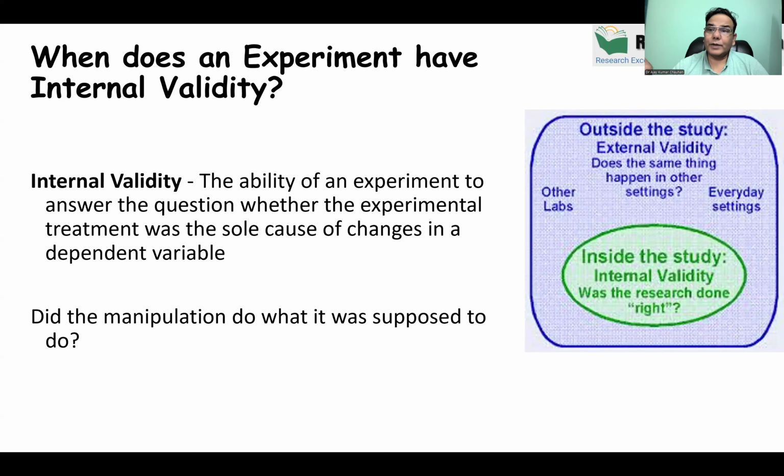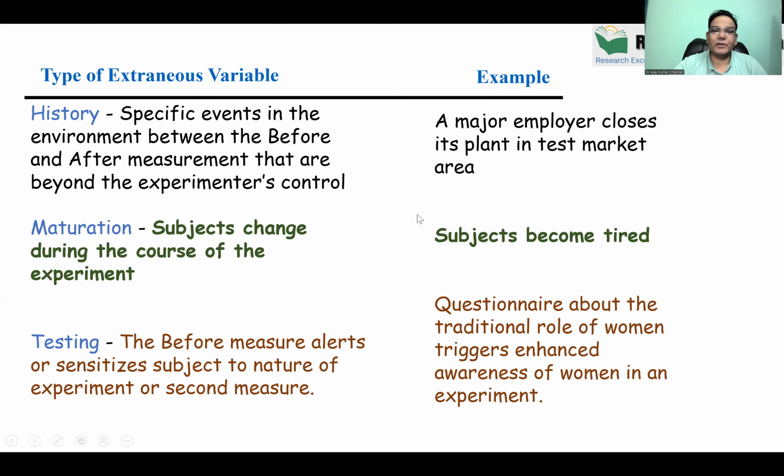So for internal validity, you need to prove that whatever result I'm getting is because of my experiment and I control all the disturbing variables. So now what are the disturbing variables? I'm going to explain. We divide the disturbing variables into 6 types. Number one, history.